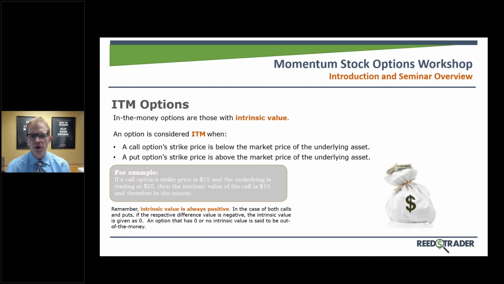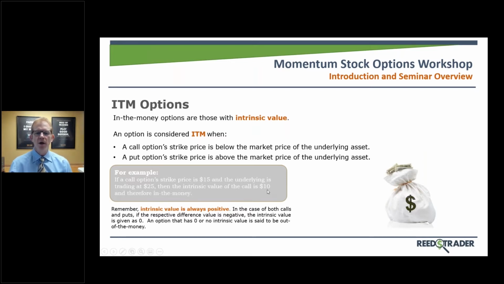So when a call option strike price is below the market price of the underlying asset, it is considered to be in the money. When a put option strike price is above the market price of the underlying asset, the put is considered to be in the money. So for example, if a call option strike price is $15 and the underlying is trading at $25, then the intrinsic value of the call is $10. It's the value of the underlying minus the strike price of $15.